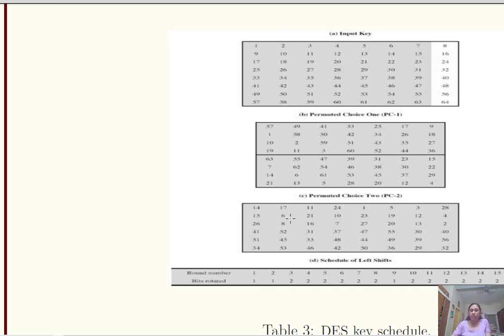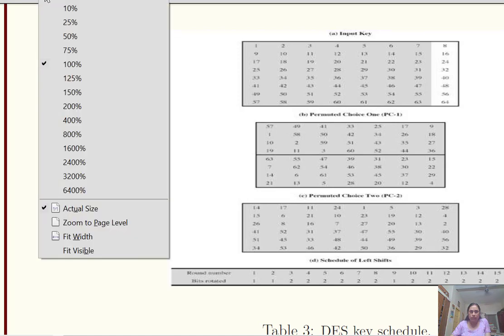According to this, some positions are discarded from the 56, leaving 48. This specification is given.